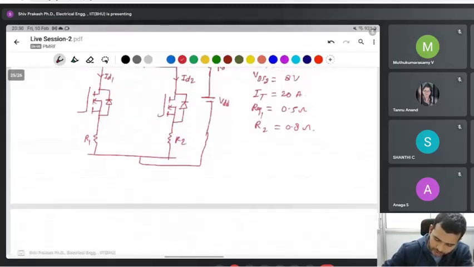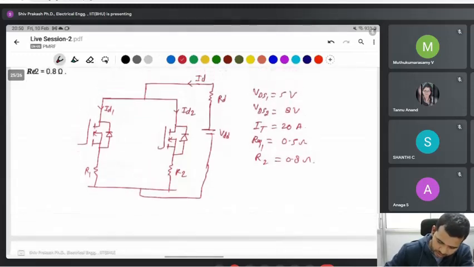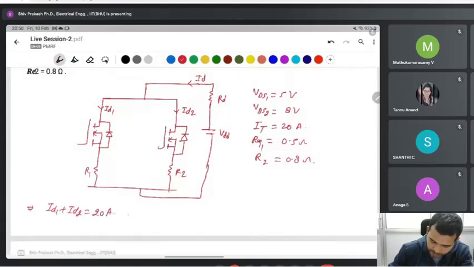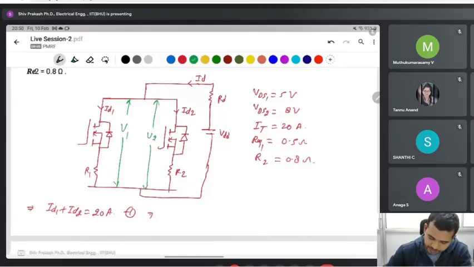The first equation to find is ID1 plus ID2 is equal to 20 ampere, because the total current flow is 20 ampere. The second equation we find from here: with the parallel connection, this voltage and this voltage are the same.